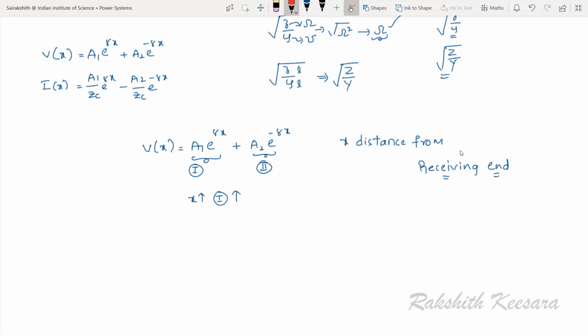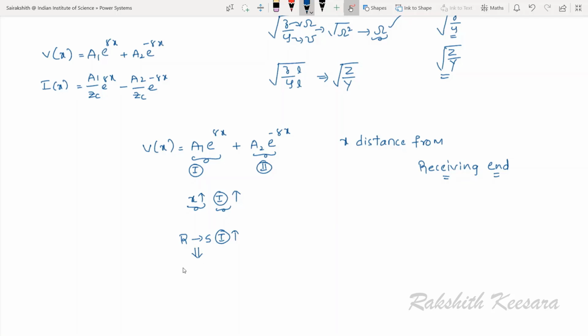So as x increases, the first term increases, or I can tell that from receiving end to sending end, this first term increases.